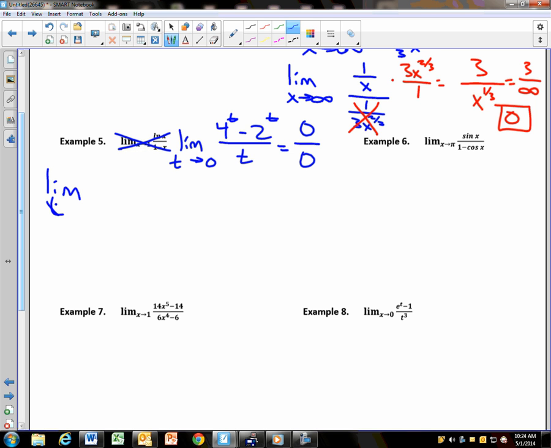We have the limit as t goes to 0 of, what's the derivative of 4 to the t? If you remember, very good, Larry sees it, you have 4 to the t times the natural log of 4. That's the derivative.